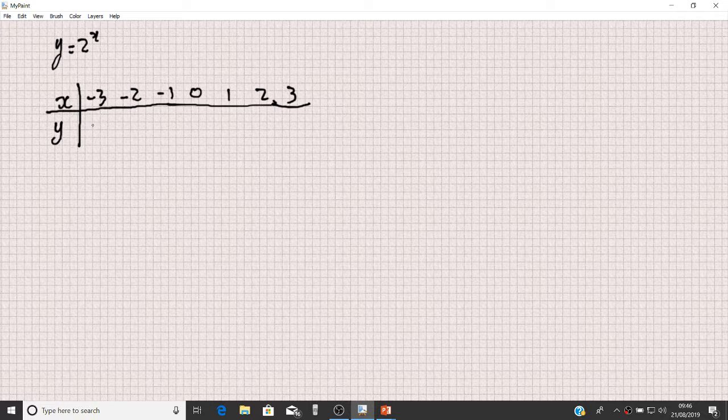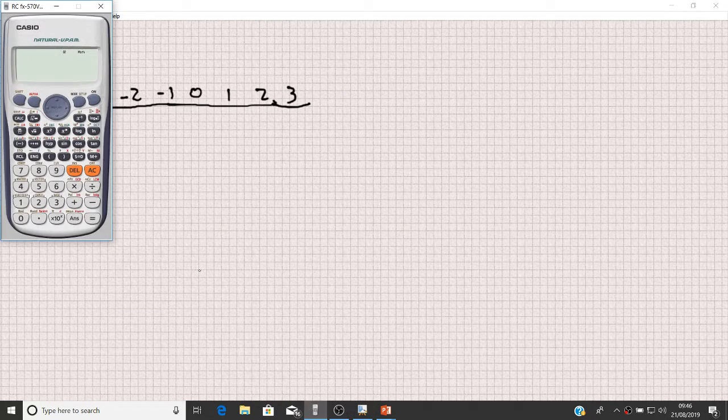So 2 to the power of -3, we could do it on the calculator if we like.